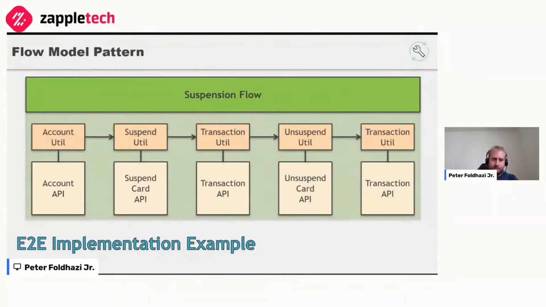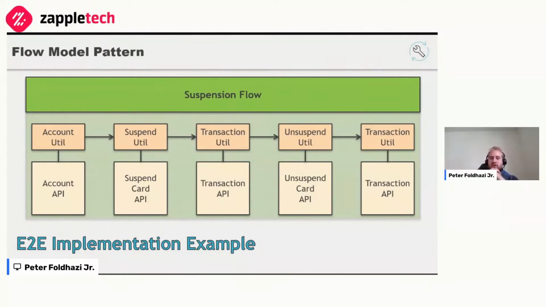In this example, let's think about someone with a bank card, let's say a credit card, who has an account at a given financial institution and wants to make a transaction and either accidentally gets suspended or for whatever reason, maybe someone stole a card or just couldn't find that card, so gets the card suspended.